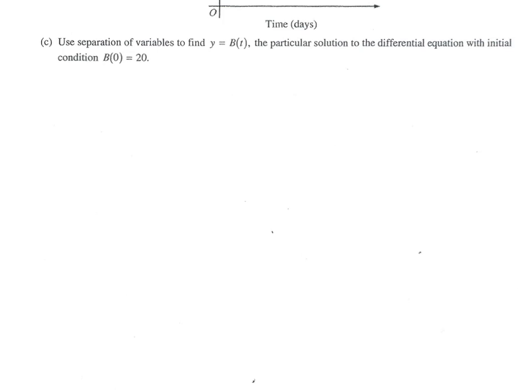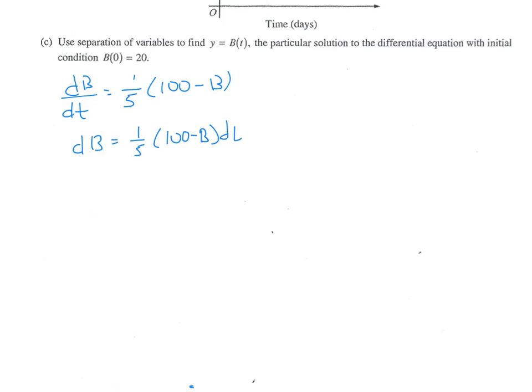All right, last part, my favorite part, we're going to use separation of variables to find B. So dB/dt is 1/5 (100 minus B). So let's go ahead and separate variables. So we've got dB over 100 minus B equals 1/5 dt, which means that we can integrate both sides.